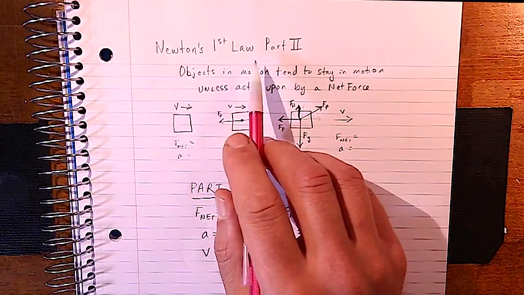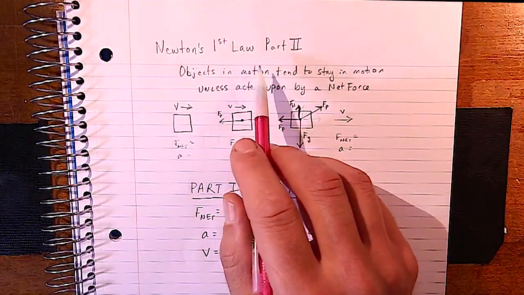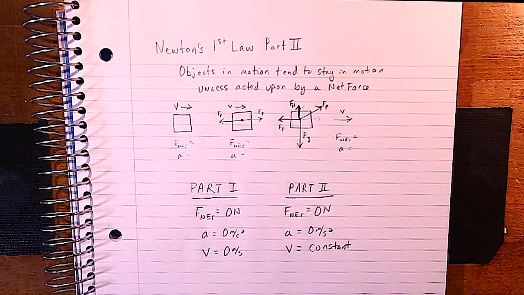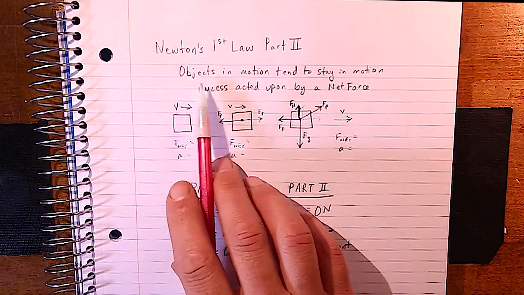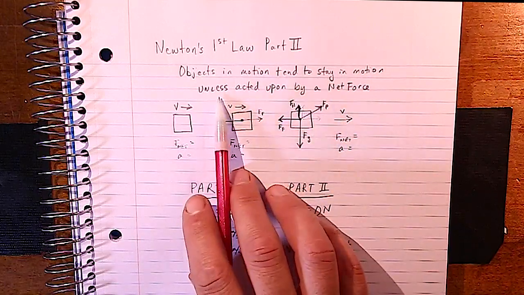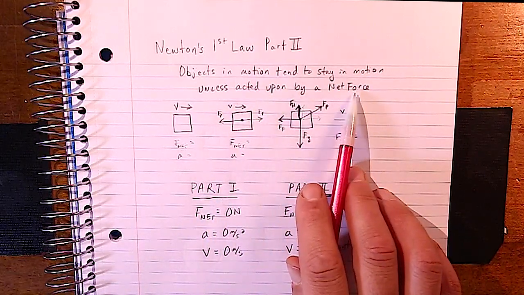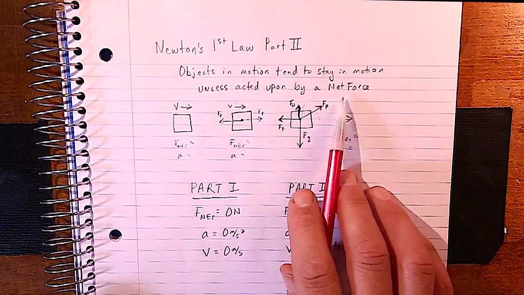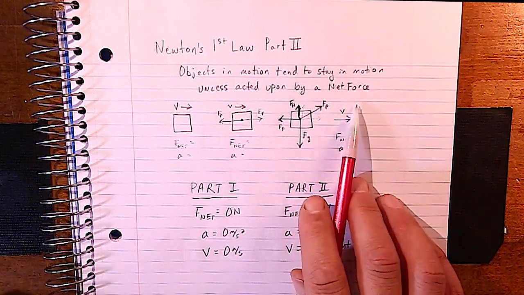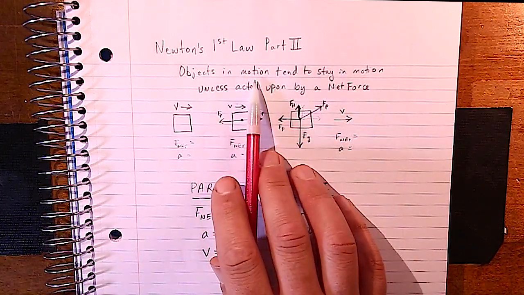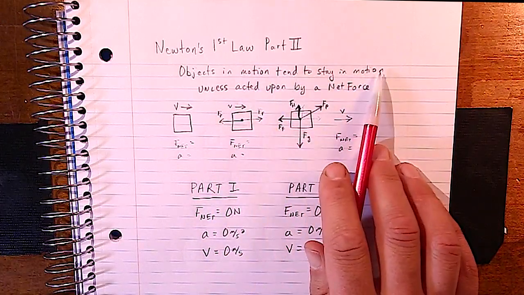The second part of Newton's first law deals with objects that are in motion. So objects in motion tend to stay in motion unless acted upon by a net force. So again, we're going to say if the net force is 0, unless we have a net force, then an object that's moving is going to tend to stay moving.